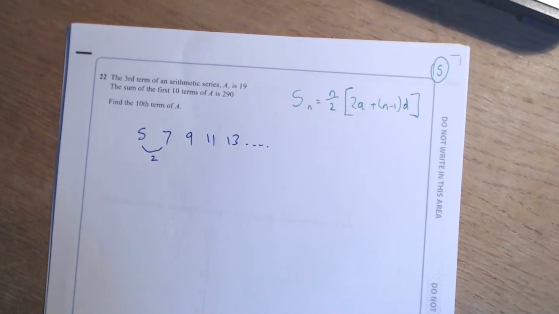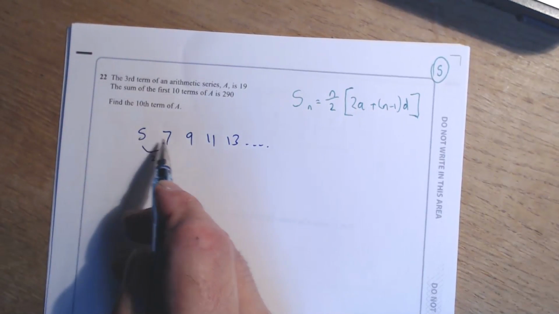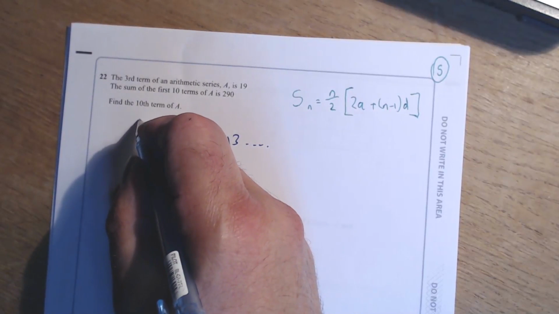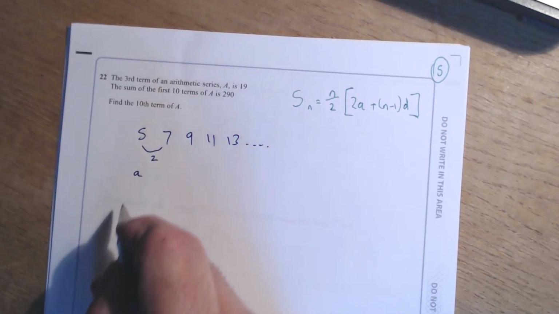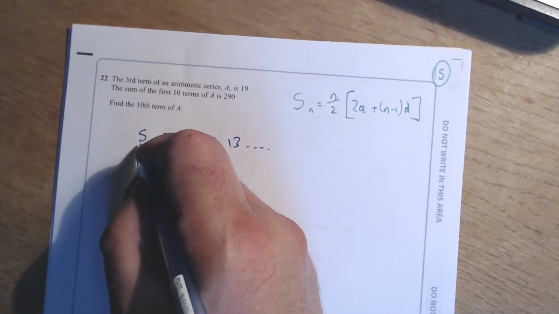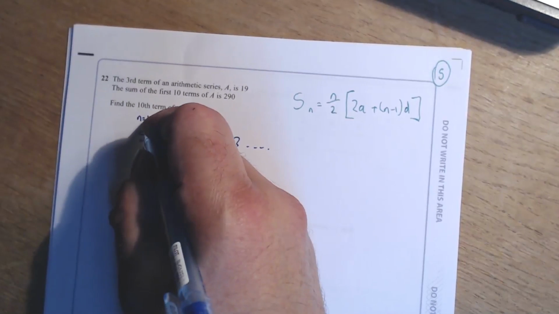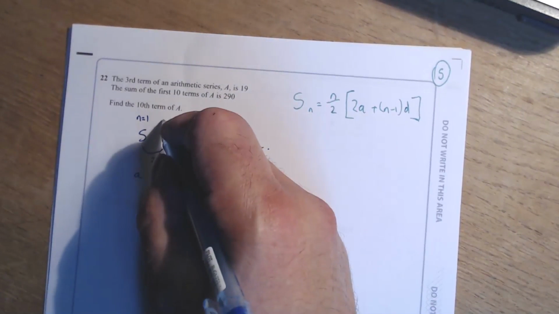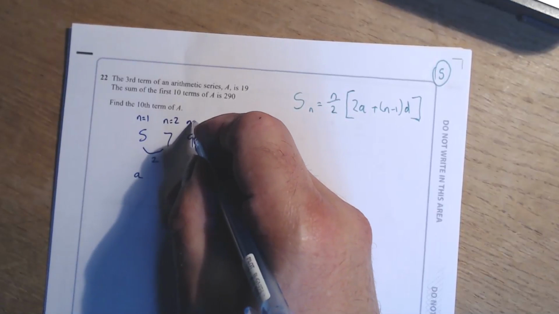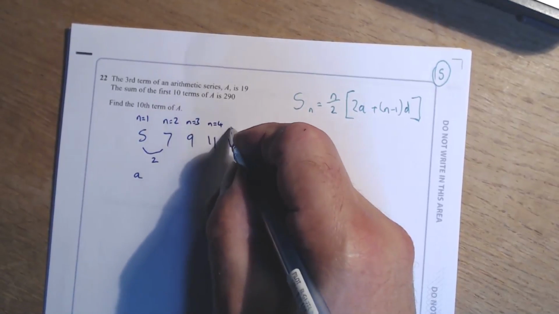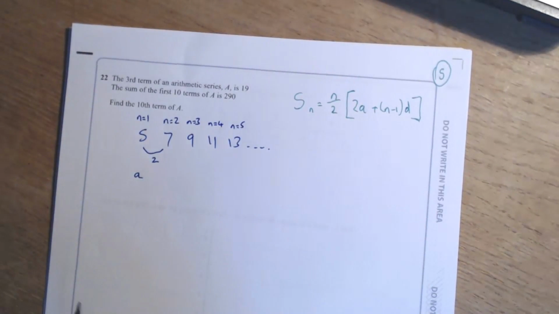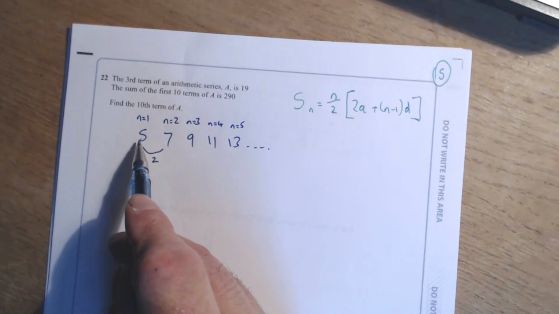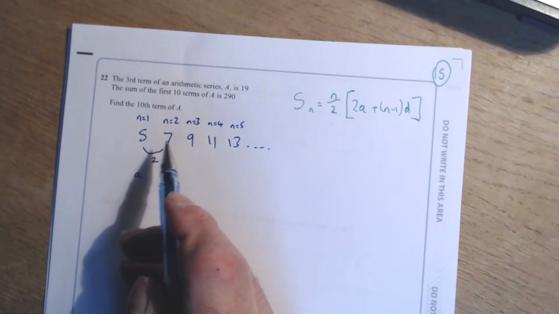Now let's use our A's and D's, just to look at the series in more general terms. This is the first term, that's A. Remember, n is the position of the term in the series. So that's when n is 1, that's when n is 2, that's when n is 3, that's fourth in the sequence, that's fifth in the sequence. So how do we work out the second number? We take our first one and we add on our common difference.